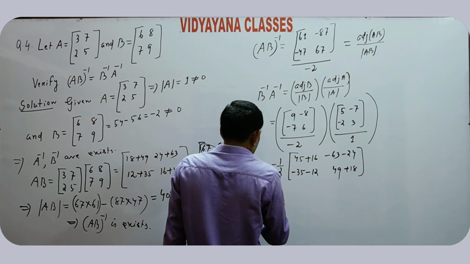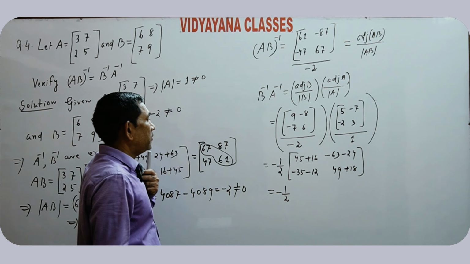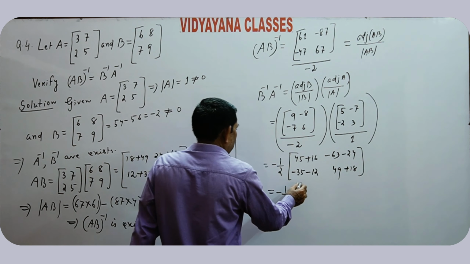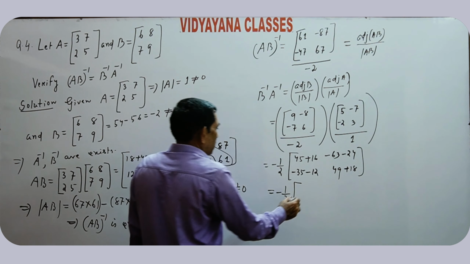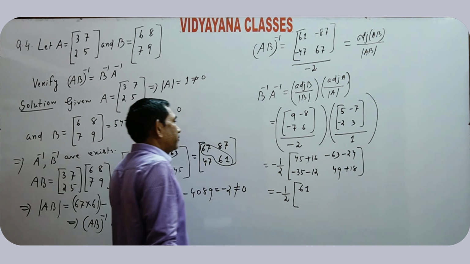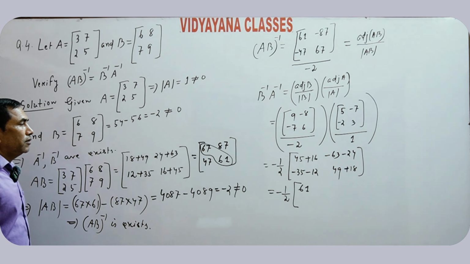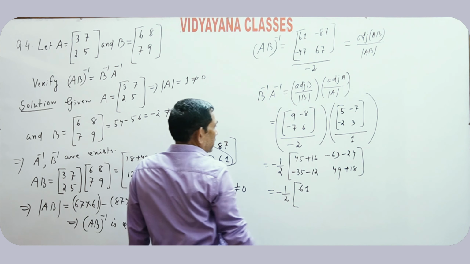It gives minus half into the matrix with first entry 61.